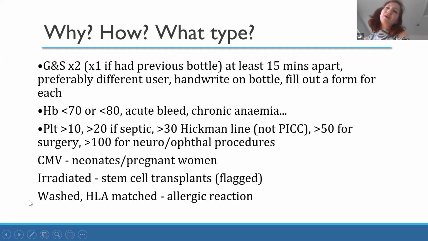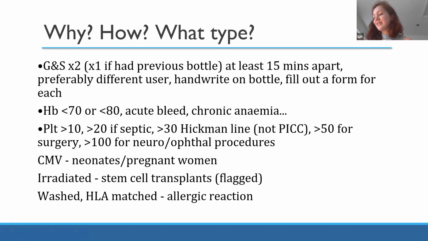And then the other thing is you might give washed or HLA matched, and it tends to be if people have had an allergic reaction to platelets or red blood cells before. Generally, what happens when you're giving someone blood transfusions, if you're giving red blood cells or platelets, roughly, other people might have other numbers, the person should be increasing by about 10 per unit.